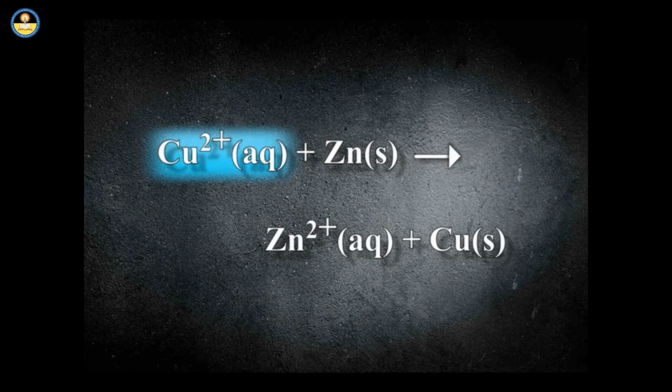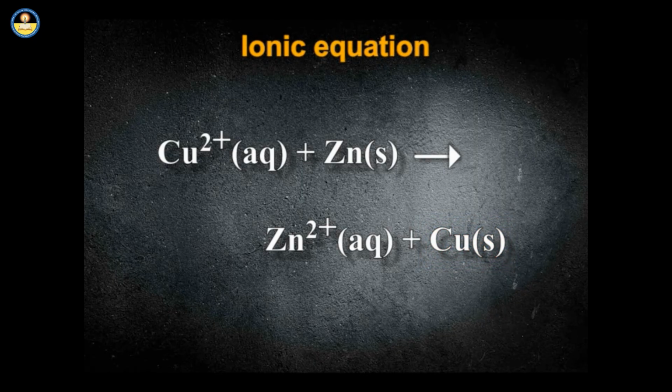Similarly, copper ions in aqueous state react with zinc in solid state to form zinc ions in aqueous state, and copper is formed in solid state. This is also an ionic equation.